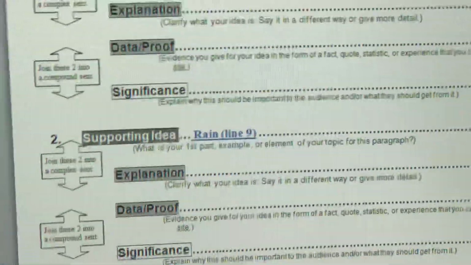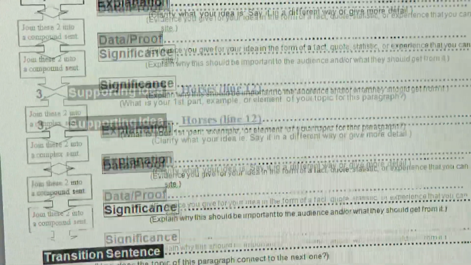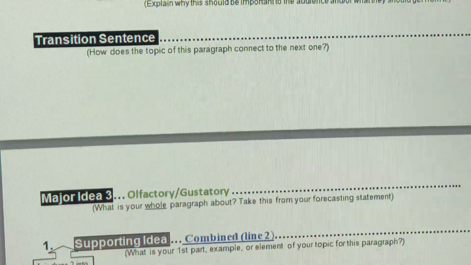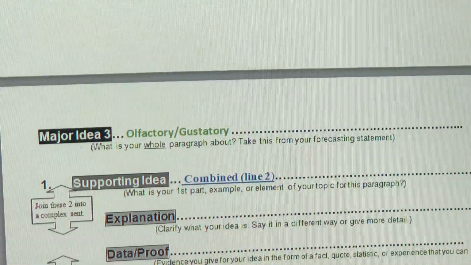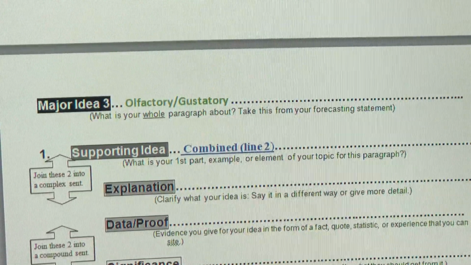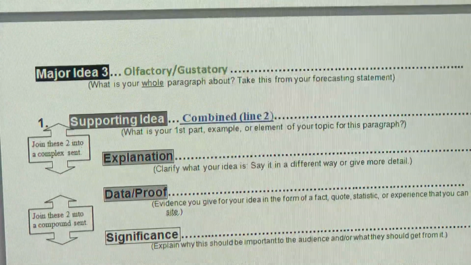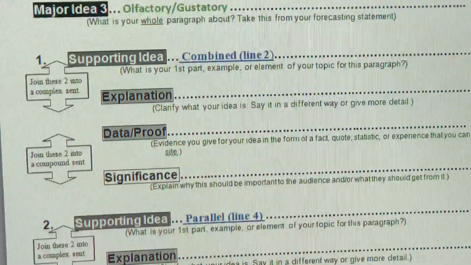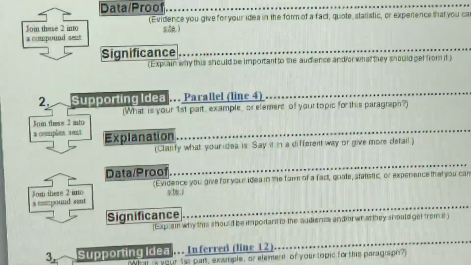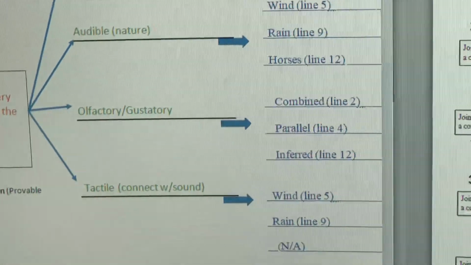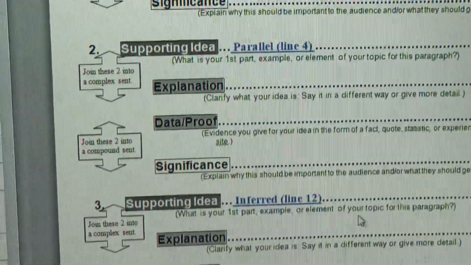Those can be seen over here as I go through the next 2 pages. There's the smell and taste. There's my first supporting idea that you saw from the other line. My second one. And my third one. There it is there.